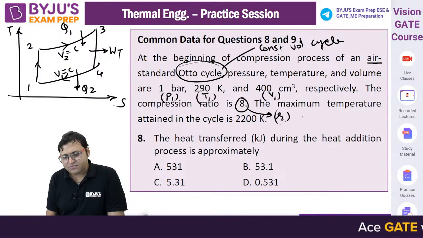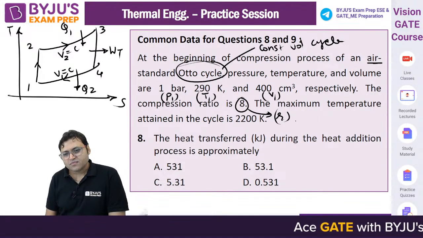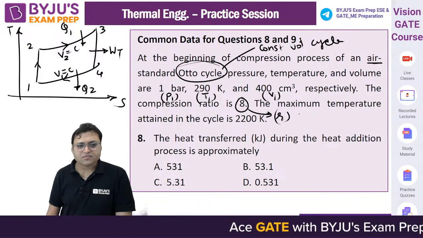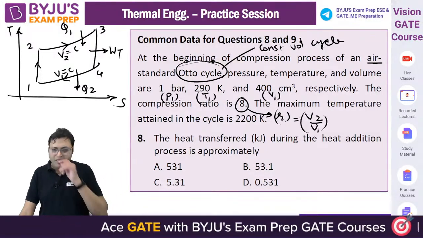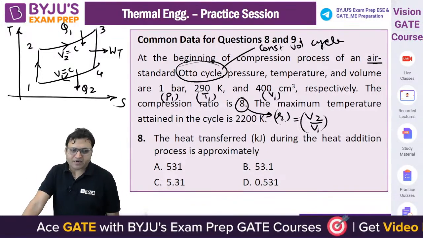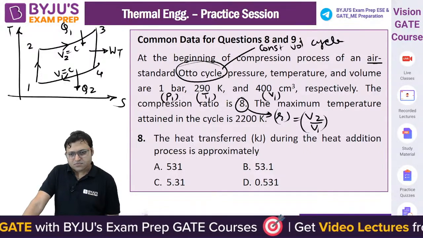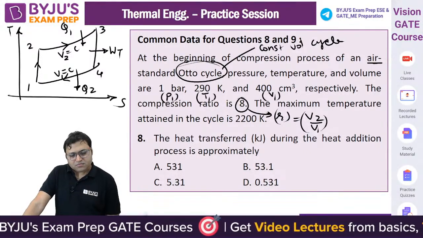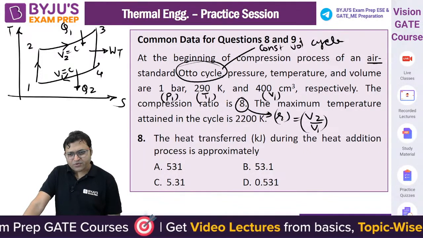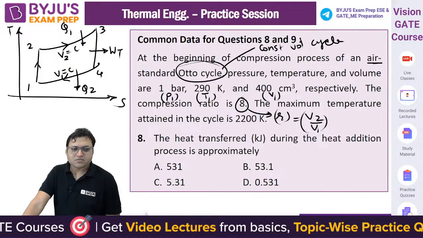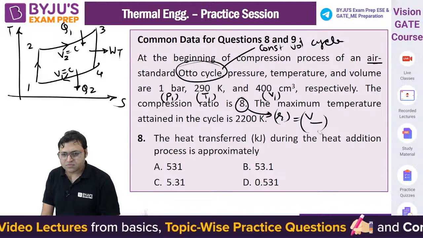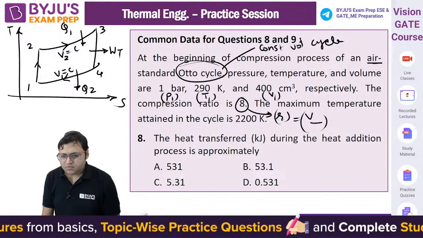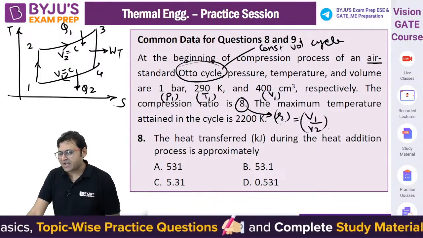R is equal to V2 by V1. Is it V2 by V1 or V1 by V2? V1 by V2. That is the compression ratio.